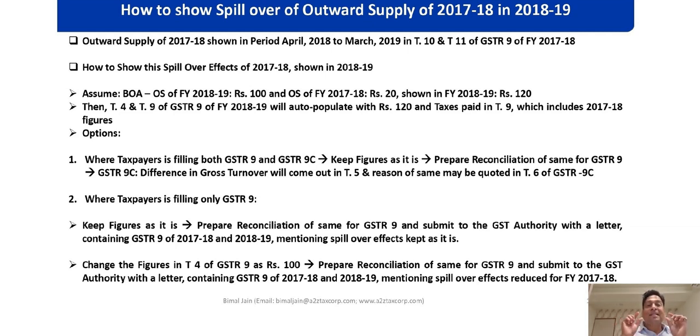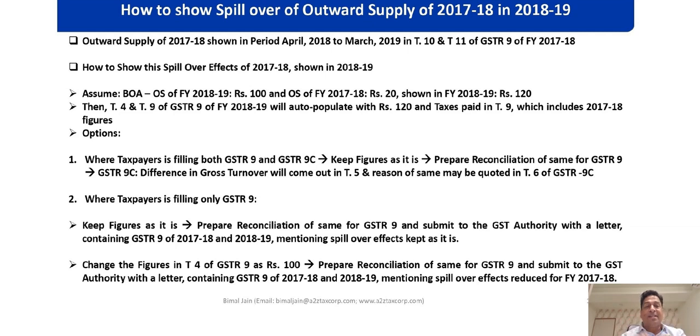But you must prepare the reconciliation statement, and this reconciliation statement must show that 120 which is auto-populated includes 18-19 turnover 100, and 17-18 turnover shown in 18-19, 20. This is evidenced when you look at GSTR-9 of 17-18, table 10, where you have shown 20 rupees in the period April 18 to March 19 pertaining to 17-18.